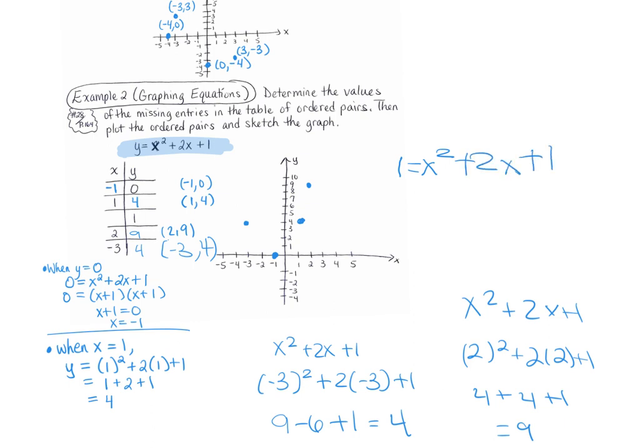And then you're going to move the 1 on the left-hand side to the right-hand side, so you will subtract the 1. And then this will be 0 equals x squared plus 2x.